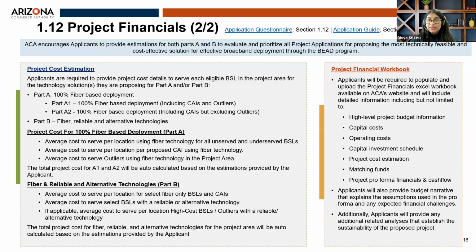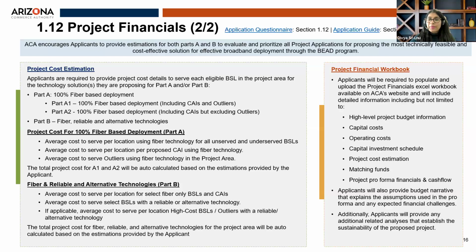The second one would be the average cost to serve per location for CAI using fiber technology. And the last one is average cost to serve outliers using fiber technology. So based on these 3 indicators within the Part A section, the total project cost for A1, which is including CAIs and outliers, and A2, which is including CAIs and excluding outliers, will be auto-populated on the portal.